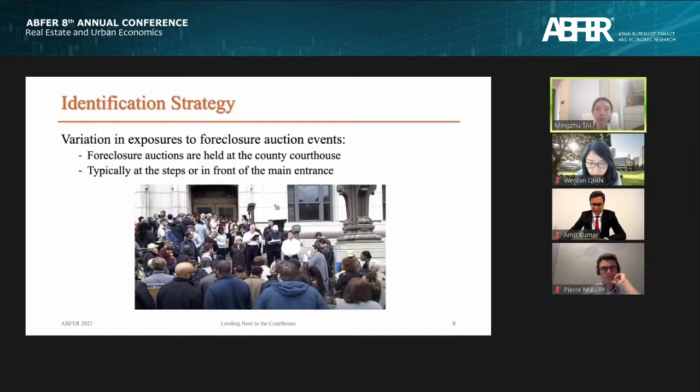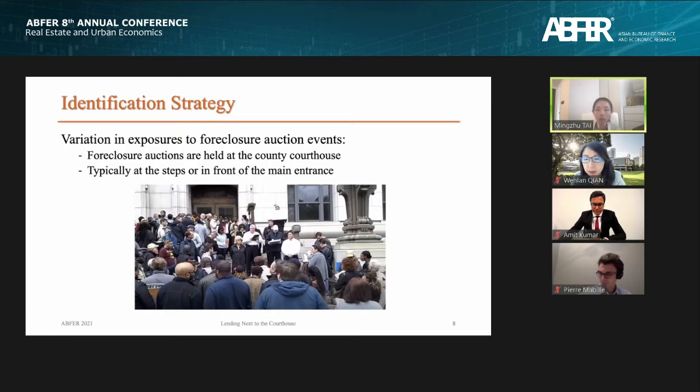And typically, such events are held on the steps or in front of the main entrance outside the county courthouse. This means that if I am a person who lives or works near the courthouse, and I just walk by and observe such foreclosure auction events, then the chance that I become aware of how bad the market is will be higher compared to my peers who are not as close by.